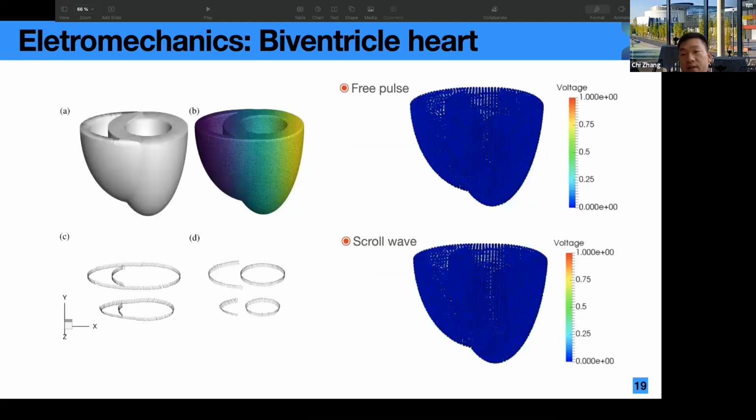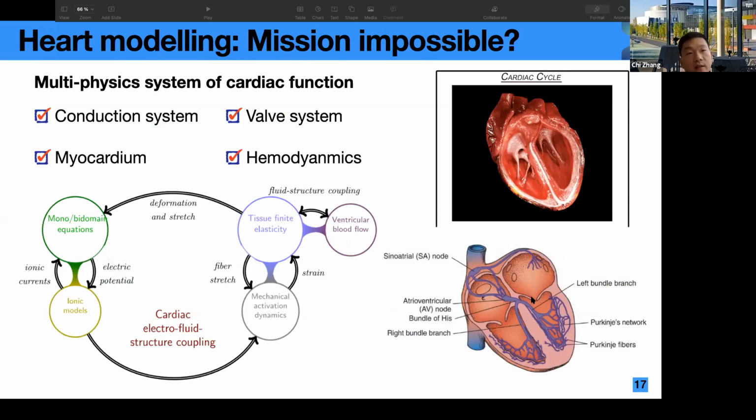And then, as you can see here, for the conduction system, actually it's not diffused on the tissue. It will start on the Purkinje network and then go to the tissue.